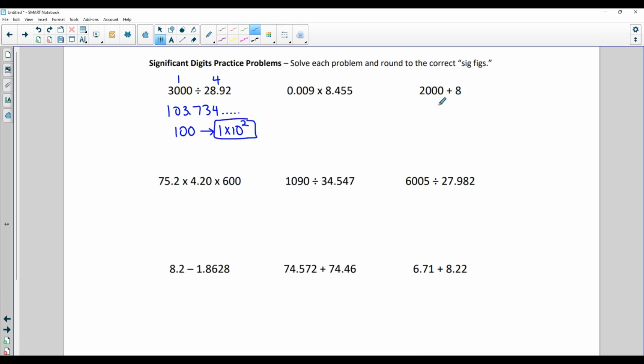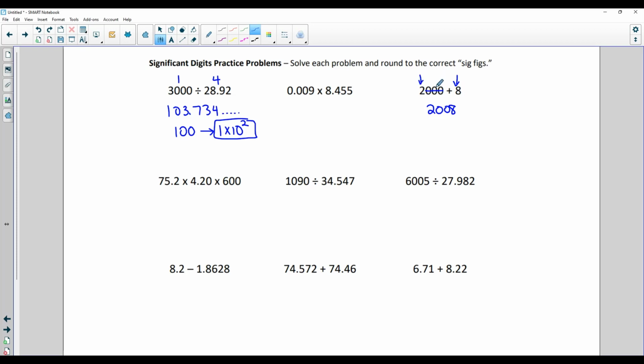Now I want to jump over here and do this one. If you plugged them in the calculator or really just did that in your head, it would come out to be 2008. But this is an addition problem, and so we have to round the answer to the least precise decimal place. This number right here is to the ones place, and so that's kind of precise. But this number over here, none of these are significant.